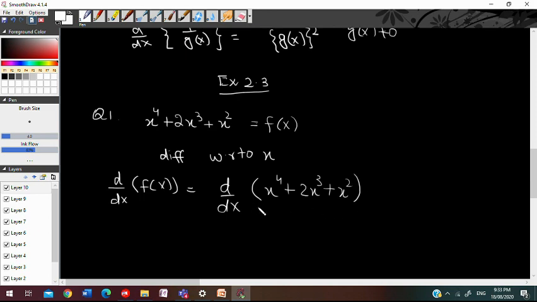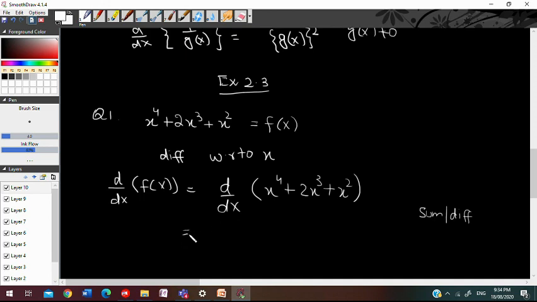And here we are applying two different rules. How? Look, here we have how many terms? 1, 2, 3. So the first rule which we are applying is the sum or difference rule.